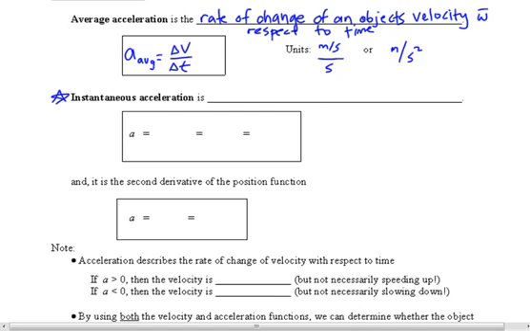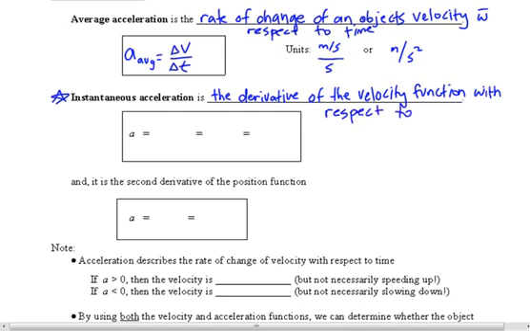The derivative is the derivative of the velocity function with respect to time. Everything is with respect to time, just like time is our new x.